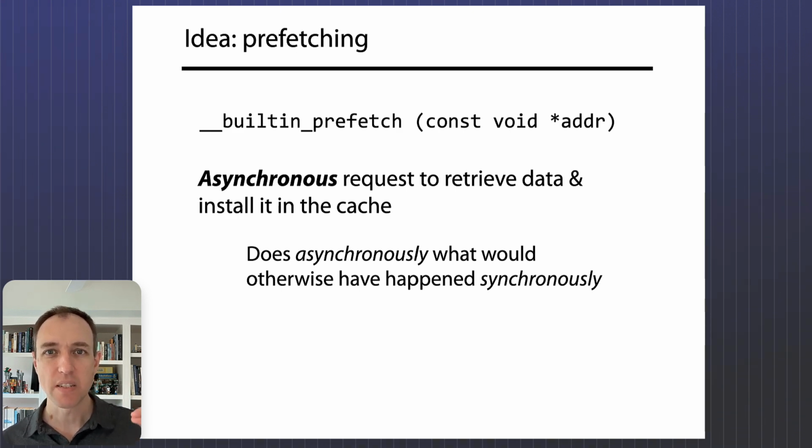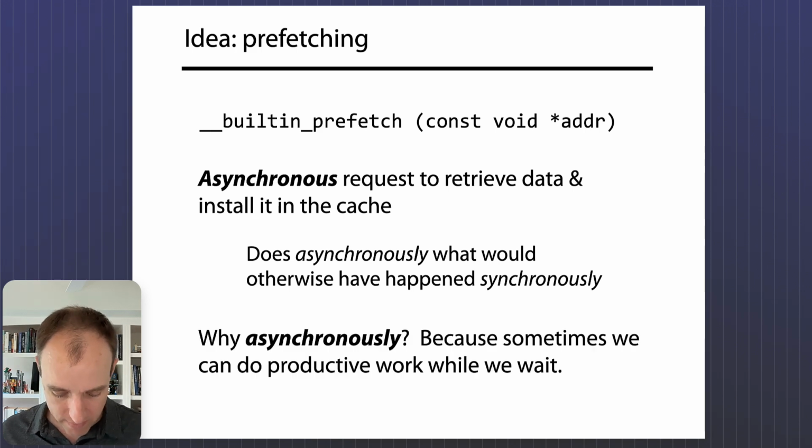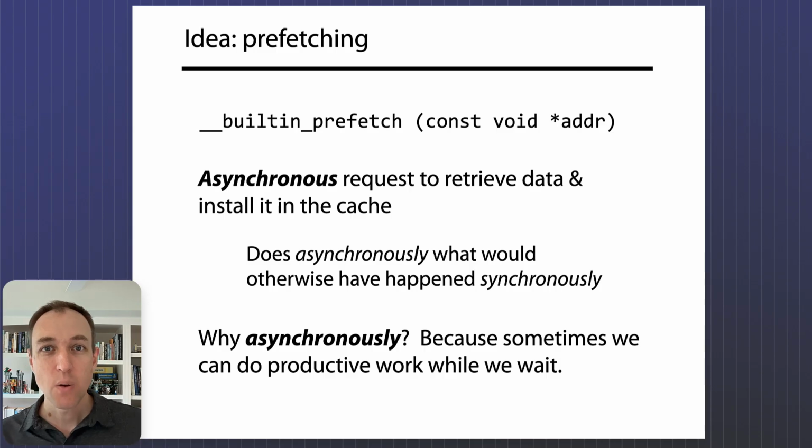It happens asynchronously. So in other words, when you issue this prefetch instruction, it doesn't make your program stop, right? Your program can continue. And if you do something like 100 nanoseconds worth of work, then go back and try to use that memory at that prefetched address, hopefully it's already ready for you, right? The point of doing this asynchronously is that if we had done it synchronously, then the moment we asked for the memory, we would be stopped, suspended, frozen, waiting for that memory to be retrieved.